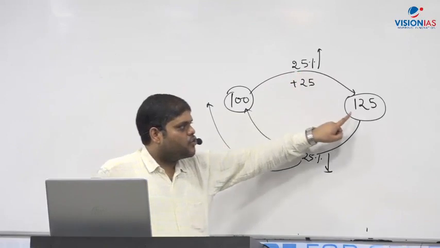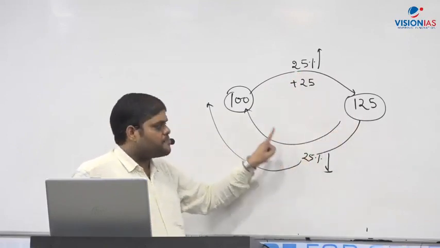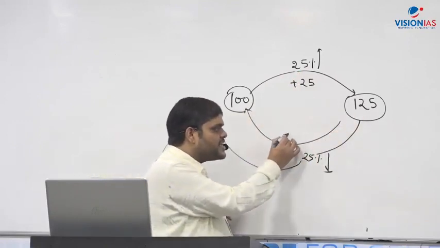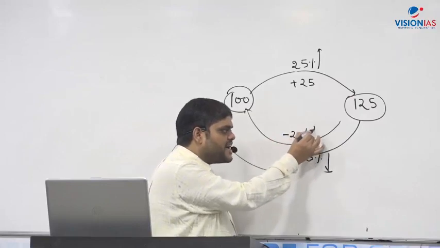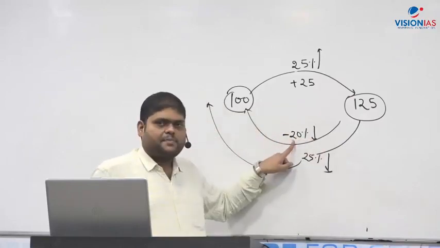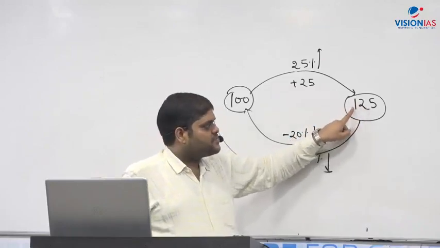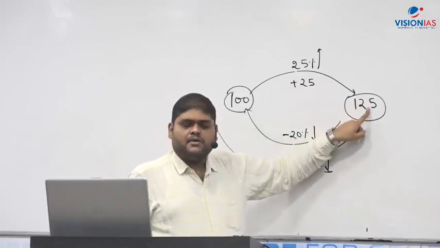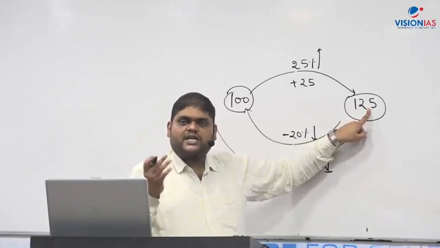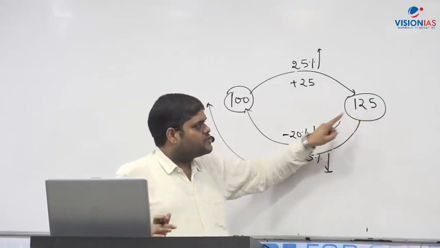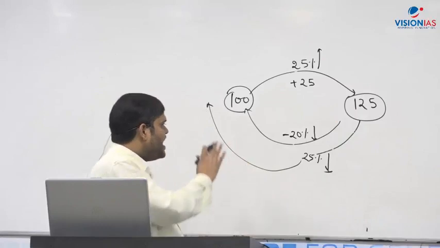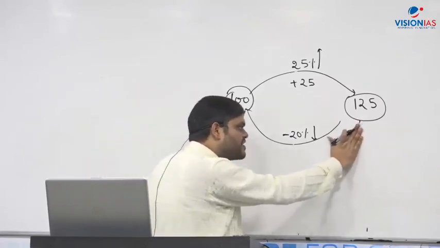So now we don't need to decrease by 25% to reach here. We need to decrease only 20%. From where is this 20% coming? 10% becomes 12.5 and 20% becomes 25. So the absolute number will remain the same.